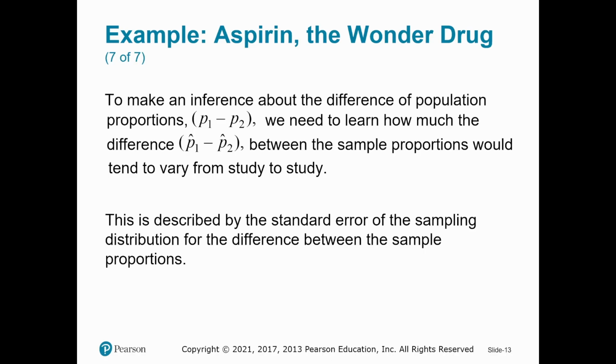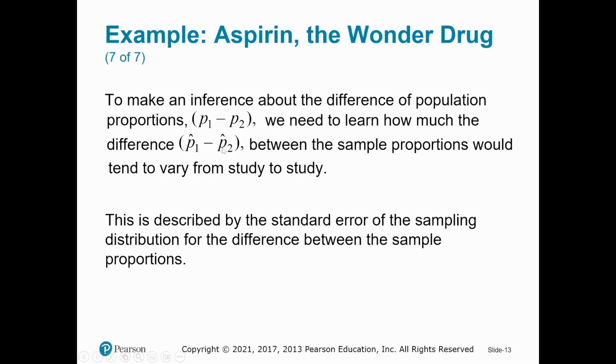This is described by the standard error of the sampling distribution for the difference between the sample proportions. All we're talking about when we talk about the standard error of the difference in the proportions is the standard deviation, the estimated standard deviation of this estimator.